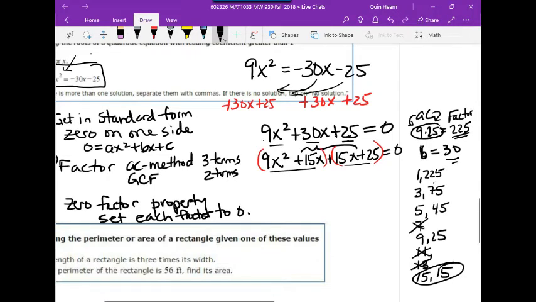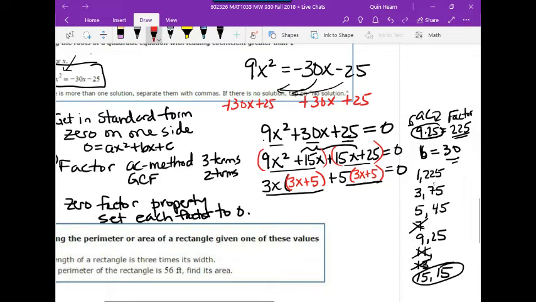All right. So now I'm going to factor out of 9x squared plus 15x. We have a common factor of 3x, and that's going to leave behind 3x plus 5. And then in the other set of parentheses, we have a 5 in common. And notice that also leaves behind a 3x plus 5. That's important. That should happen because we know this is factorable, and these two big terms need to have something in common.